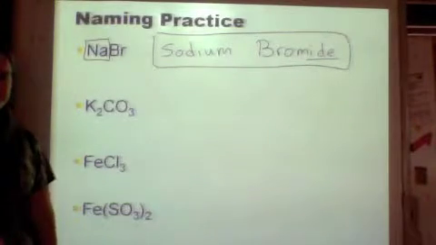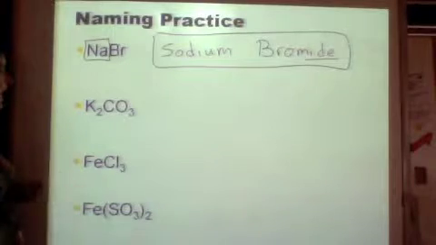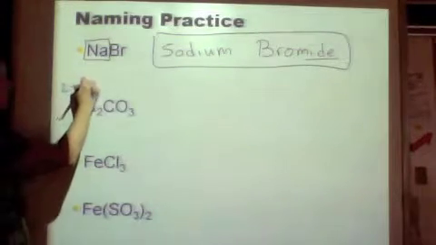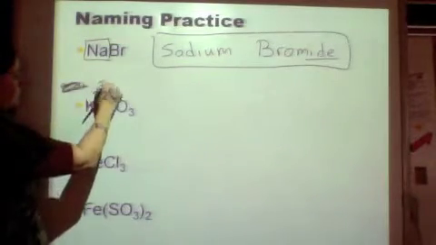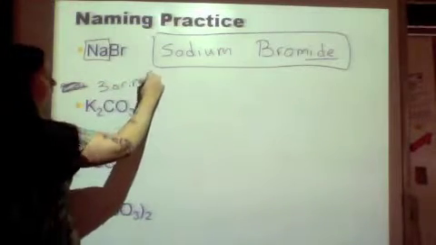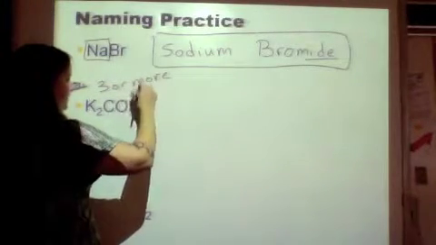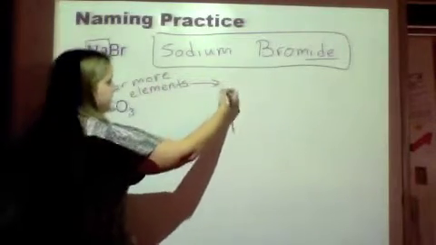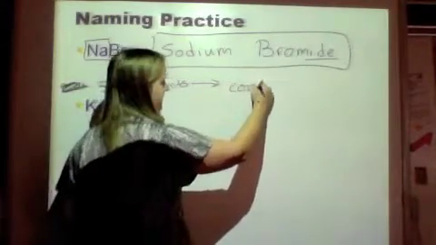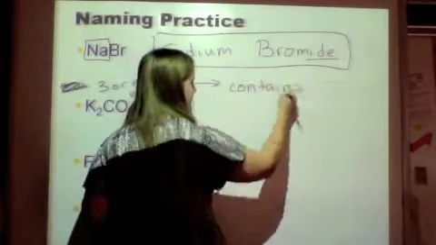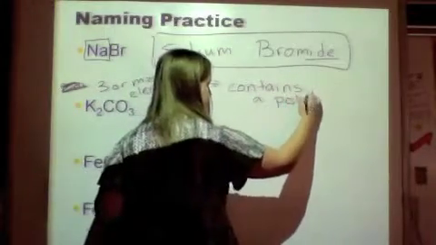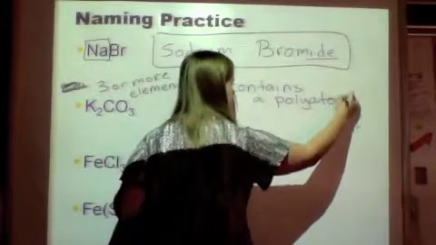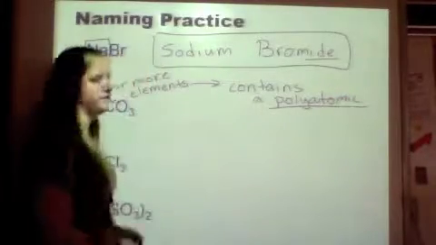K2CO3. Now, when you have 3 or more elements, this means you have or contains a polyatomic.